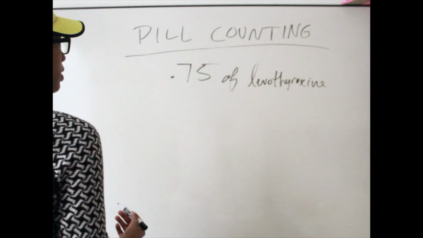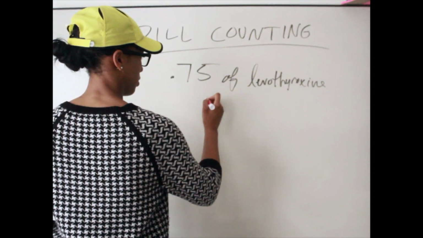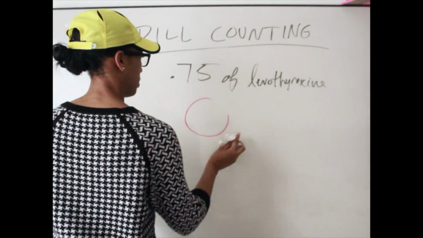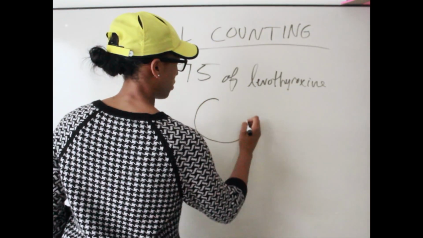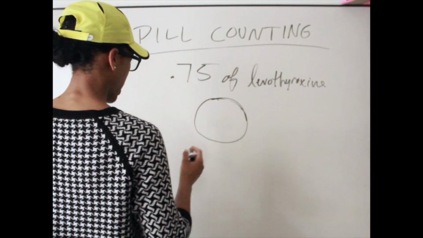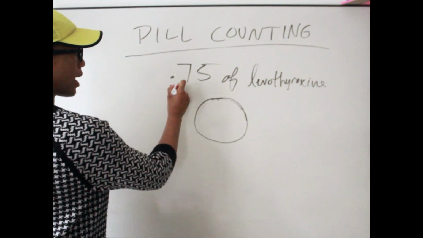Okay, so let's see. This is the pill. Well, you do it in black so you get the visual. So this is the pill. Okay, how much of this pill would be this amount?